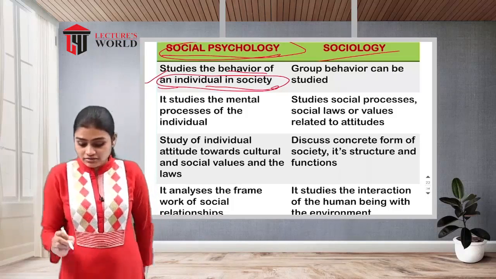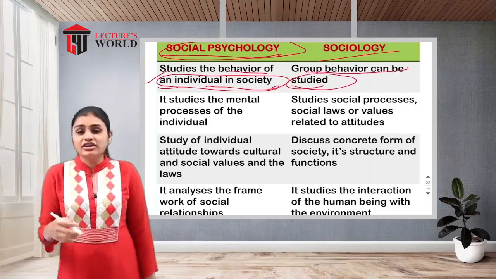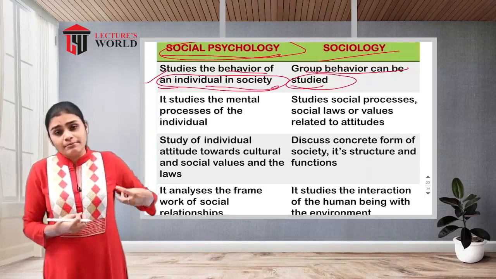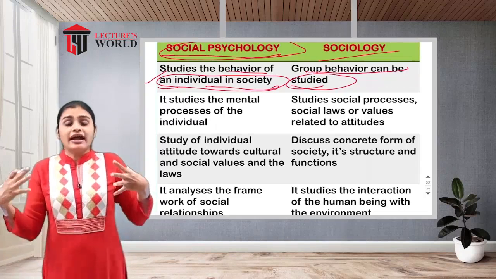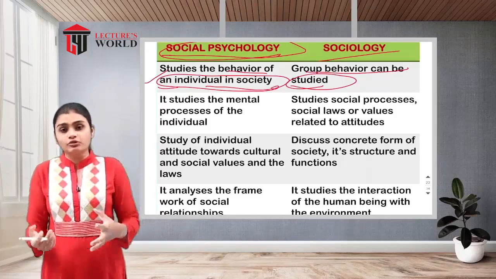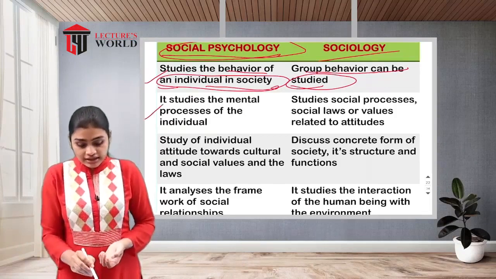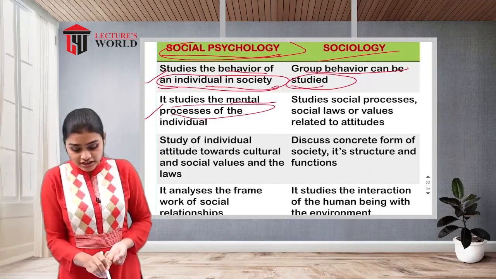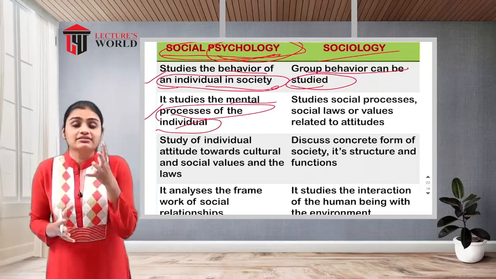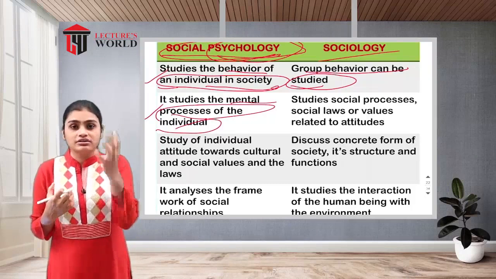At the same time, in sociology, as we have learned, group behavior can be studied. Individual behavior is important, and at the same time group behavior is also important, because in some situations we take decisions with the help of a group. The other thing is that social psychology studies the mental processes of the individual, because it is a branch of psychology, which deals with human behavior and the mind of individuals.